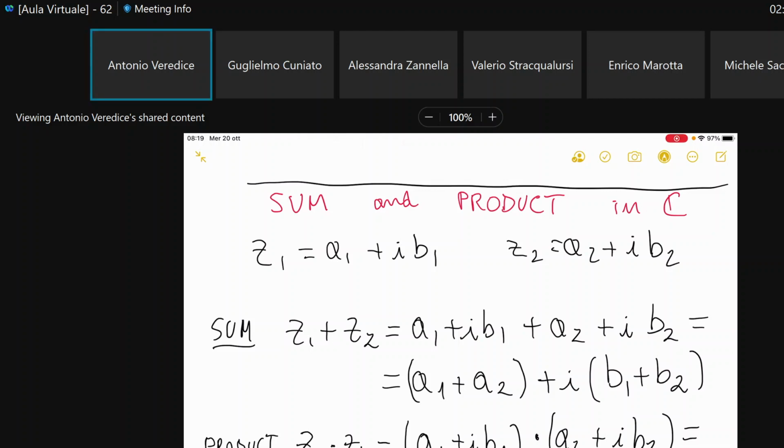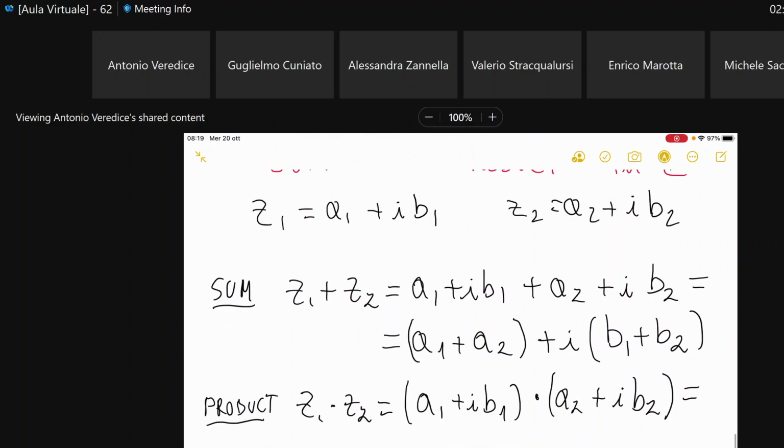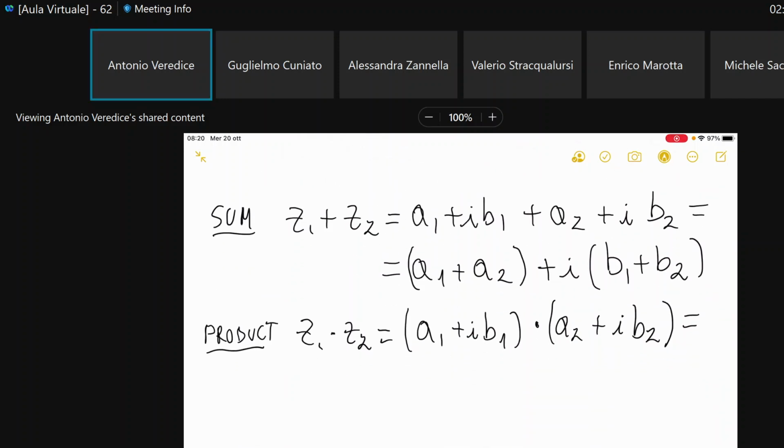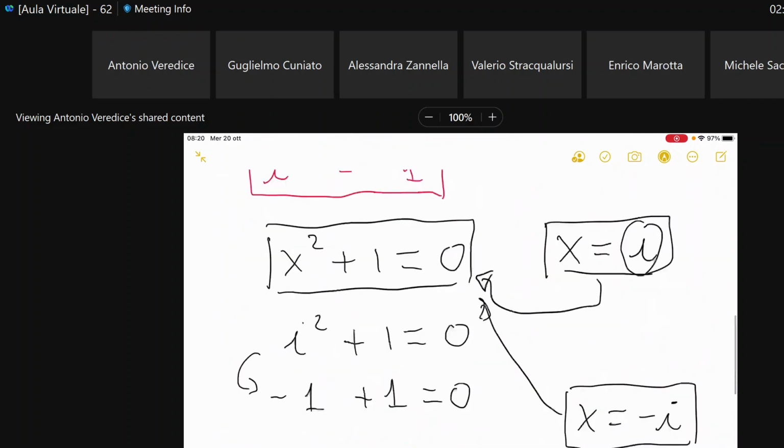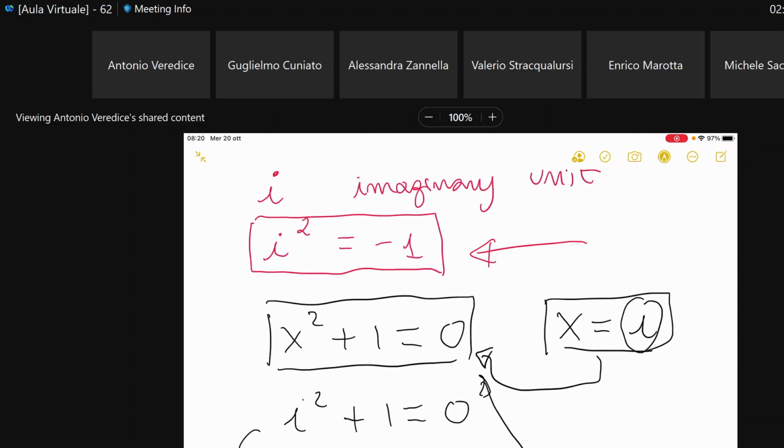In order to have the final expression with the real part separated from the imaginary part, we have to compute the product. Of course, in computing the product, you have to recall the basic property of i. When you compute i times i, don't forget that this is equal to -1. This is always the basic fact, the important thing about complex numbers.